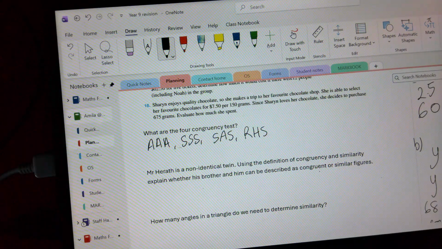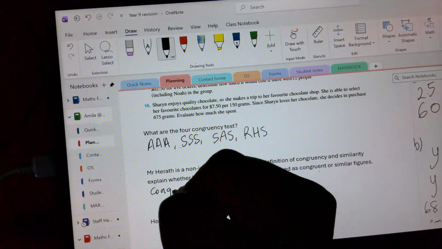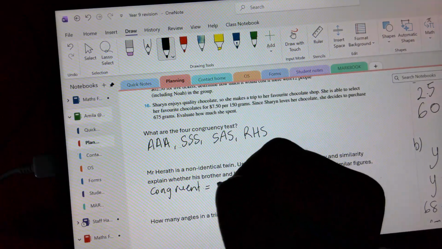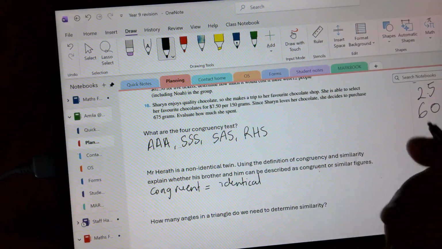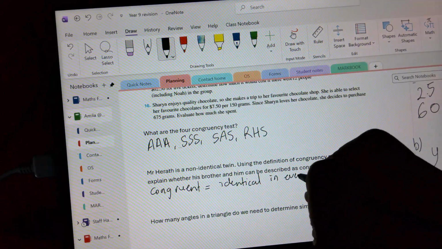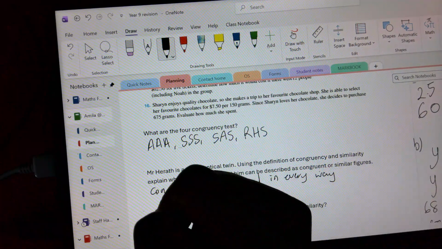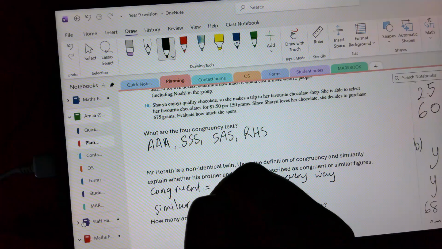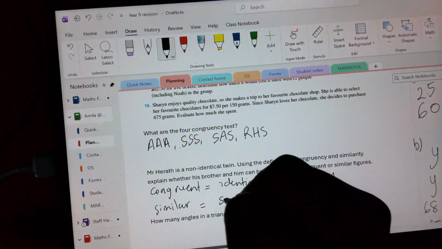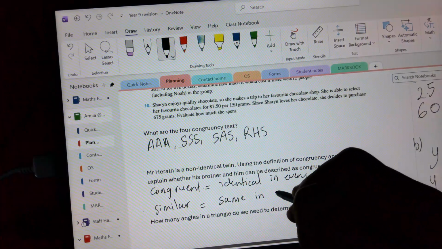Next question, Mr. Harrod is a non-identical twin, which I am. Using the definitions of congruency and similarity, explain whether his brother and him can be described as congruent or similar. We know from the definition that congruent equals identical in every way, and similar is same in some aspects.